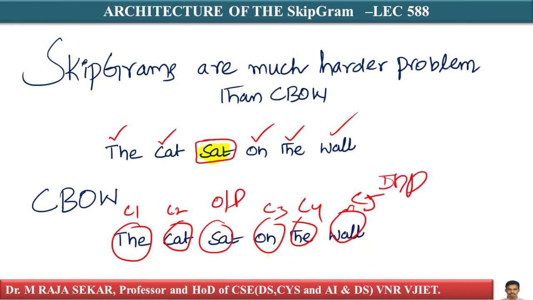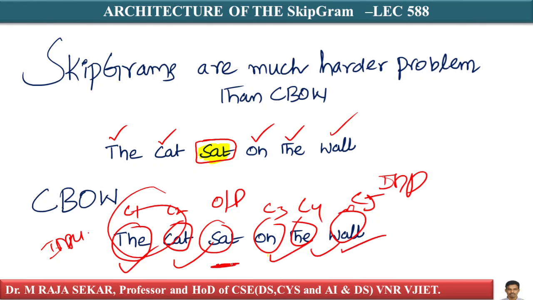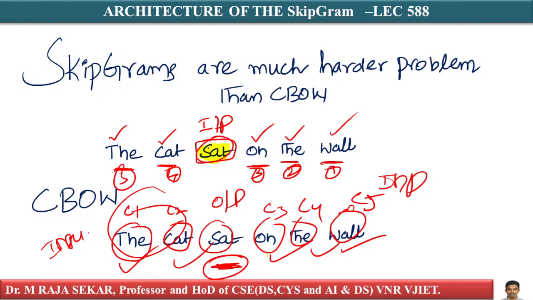This is given, this is given, these many context words are given, and I have to fill this blank. Filling this blank is easy compared to SKIPGRAM, where this is the input and you have to fill these many blanks: 1, 2, 3, 4, 5 blanks for a given single input.